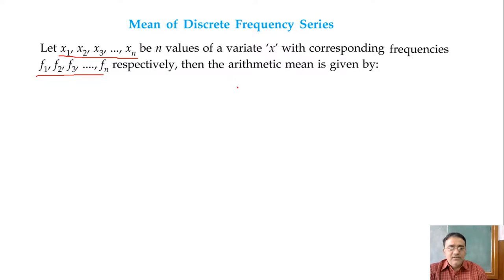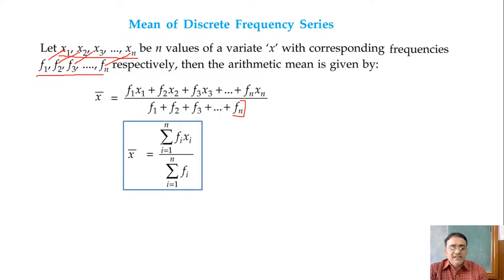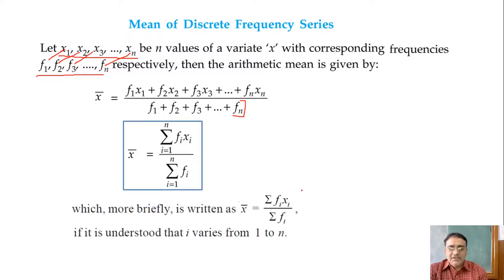So what we will find first, we will multiply all these, ये सबको multiply करेंगे, then add करेंगे, and then divide by the total frequency. तो इसको शॉर्ट में हम लोग लिखते हैं summation fx upon summation f. ठीक है, this is the formula for finding mean for frequency distribution in ungrouped form. So एक example देखते हैं इसको.